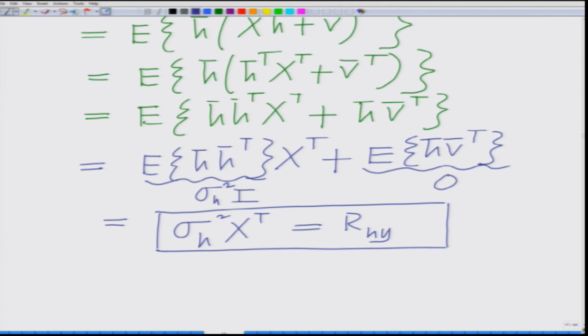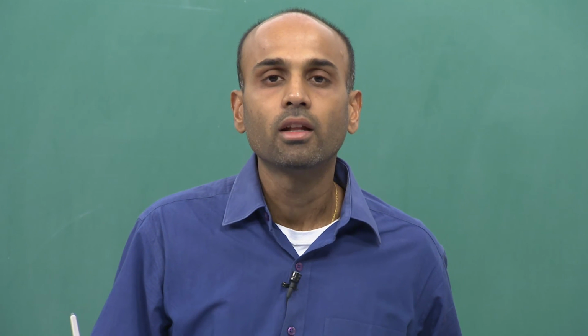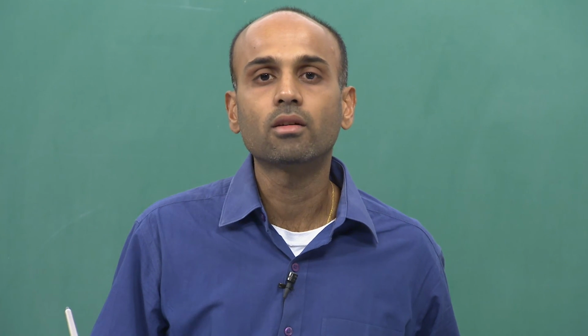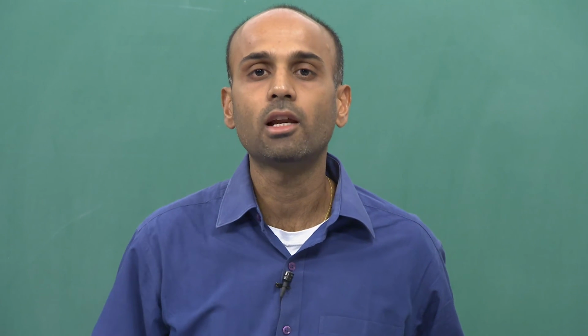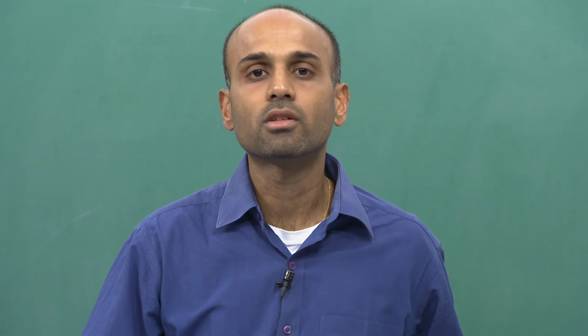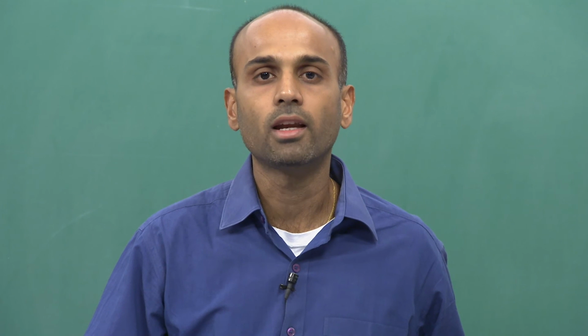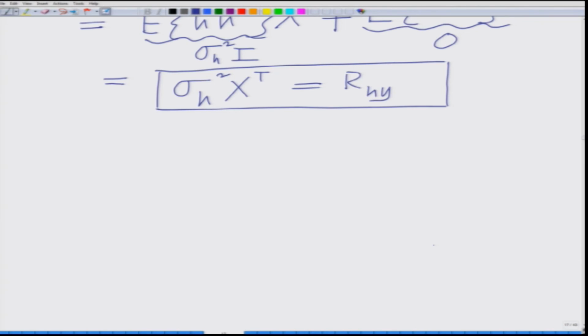So we now have both the quantities, R H y and R y y. Therefore the channel estimate is H hat equal to R H y times R y y inverse times y bar, that is the LMMSE estimate. Now we are going to substitute these quantities to derive the LMMSE estimate.